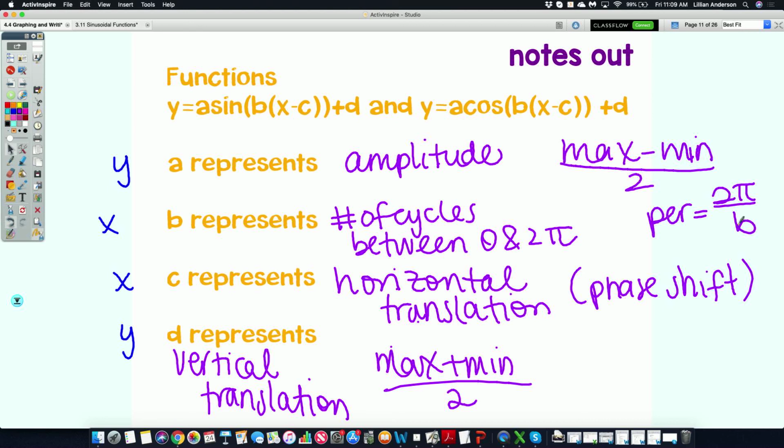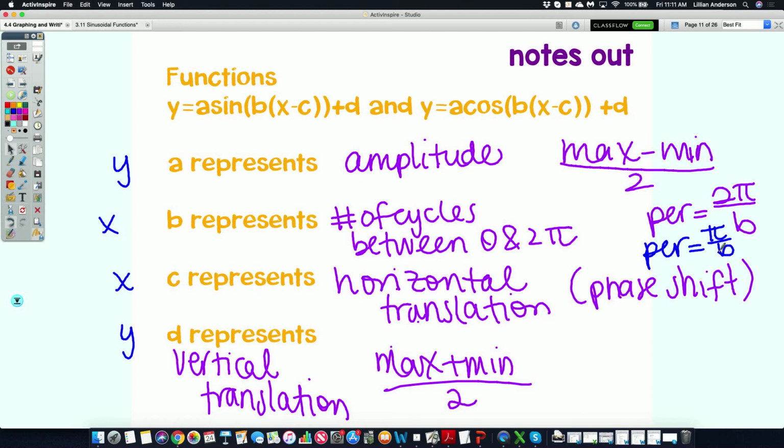It's pi. So then to find the period for tangent, because tangent has a different period, it will be what? Pi over B. Pi over B.